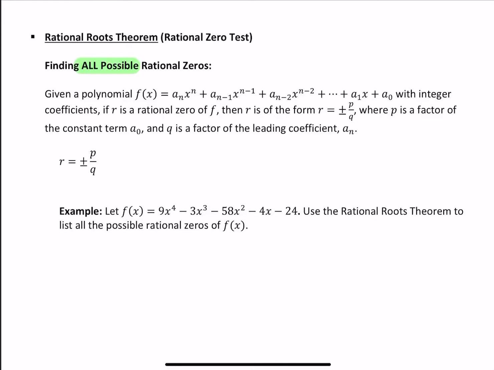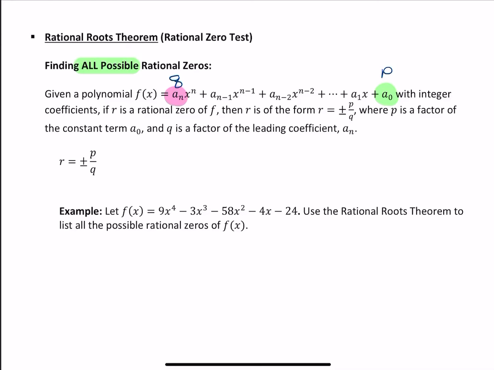So if you're given any polynomial, the last term, or the constant, is going to be your P, and the leading coefficient we're going to call Q. So the rational zeros test says that the positive and negative factors of P over Q will give you all the possible zeros.